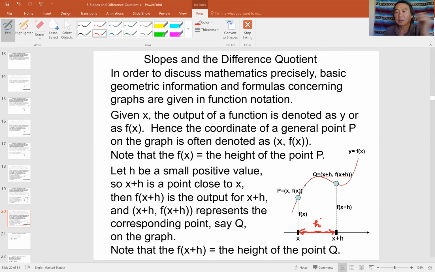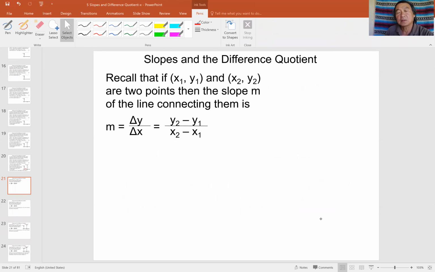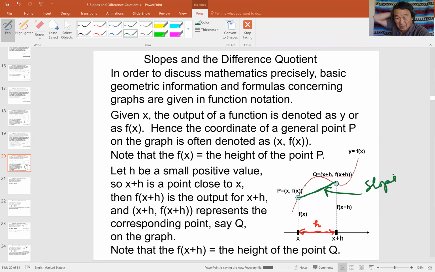It could be 1, 2, 3, 4, just some neighboring distance from x to the point x plus h. Once I have this set up, I can connect a line from here to here, then talk about the slope of this line. You may ask, why would you want to connect 2 points on a graph and talk about slope?